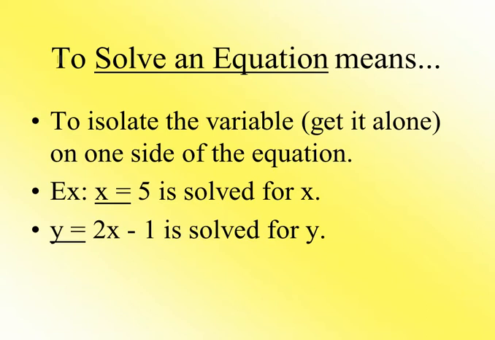What we don't think about sometimes is I can have something like y equals 2x minus 1, which is solved for y, because y is alone, but it doesn't have to be a number every time. That can change things up a bit. Just write down the stuff you feel you're going to need to look at later. This will be available online too in this form if there's something you're not sure about.